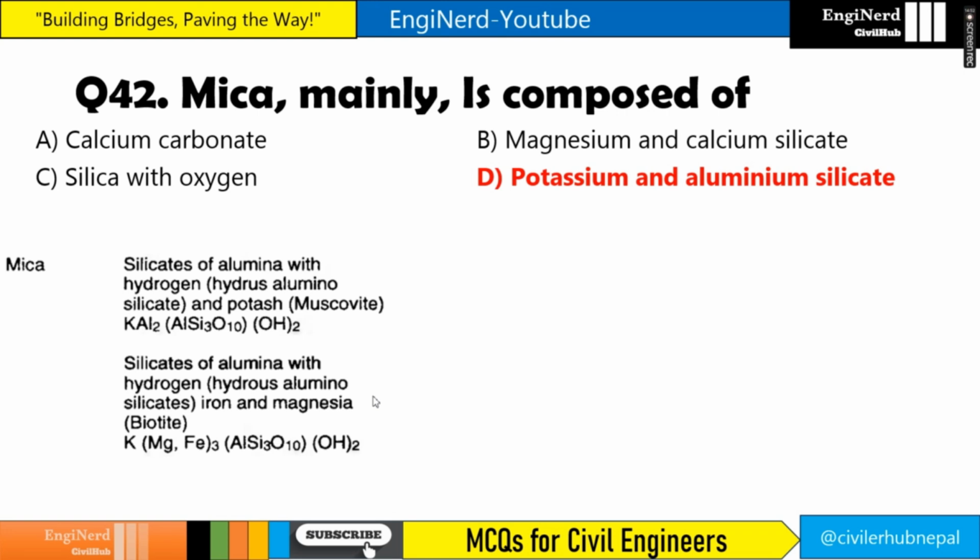So the answer is potassium and aluminum silicate. Silicates of aluminum with hydrogen and potash, right? Potassium and aluminum silicate. That is the answer.